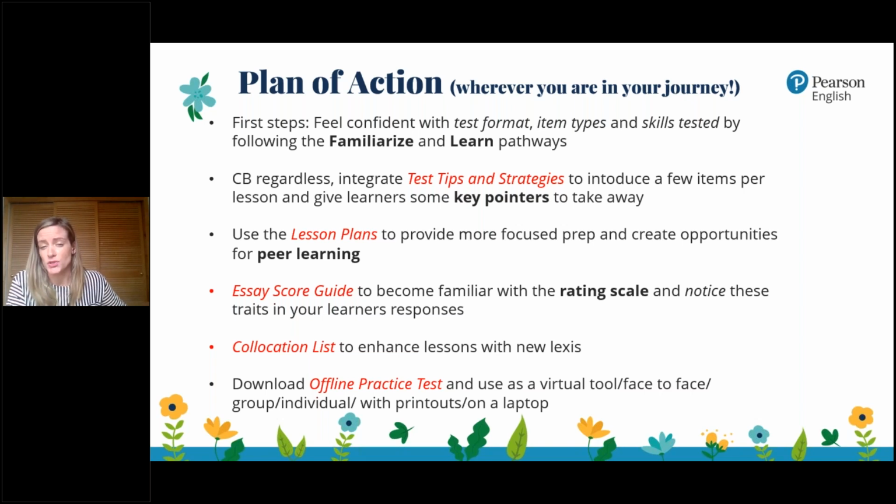So on the essay score guide, if you have a look at the rating scale, it goes from 0, 1, and then up to 2. 2 would be showing that they have a good, rather consistent level of grammatical accuracy. 0 being a very inconsistent level of grammatical accuracy. If you familiarise yourself with the traits that they're tested on and the rating scale, you can start to practice noticing these in your learners' work as a first point of call.